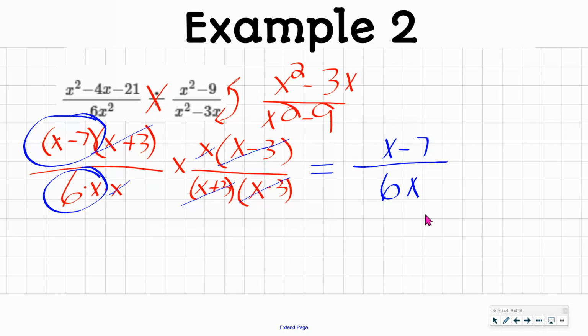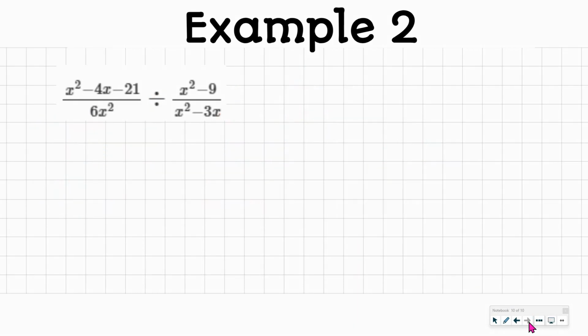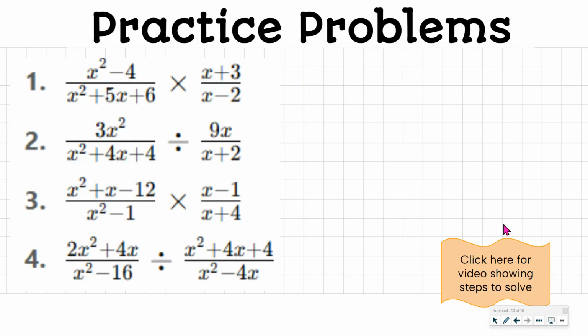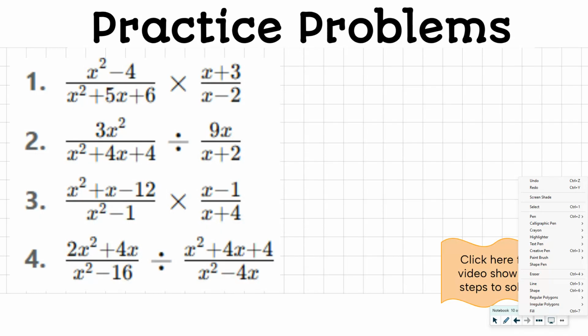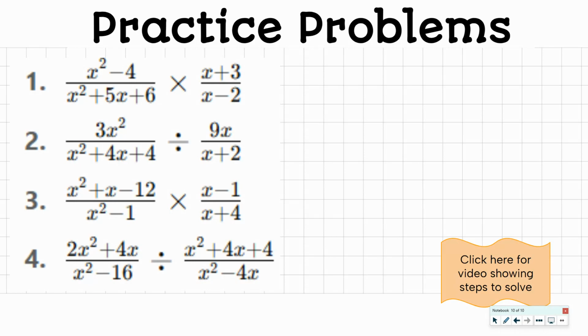Okay, so that is the example that we have for division. I have got 4 practice problems here for you to complete to see if you can apply what you just learned. I'm going to leave this here for you. I'm going to give you the answers real quick so that you know what your answers are supposed to look like. This top one is actually going to equal 1.